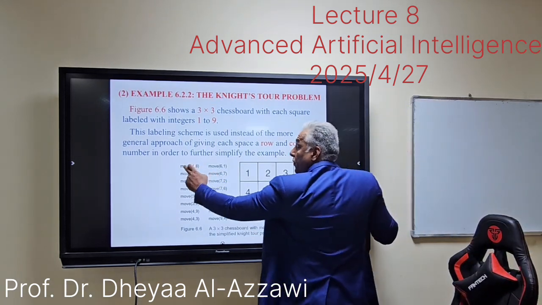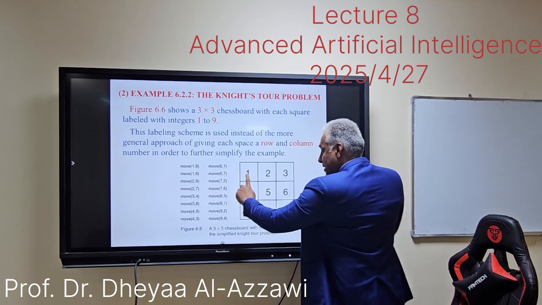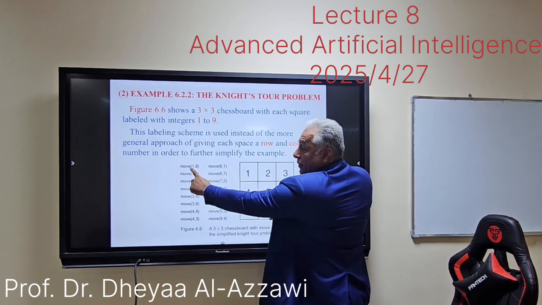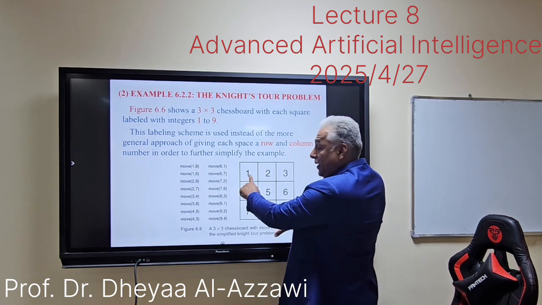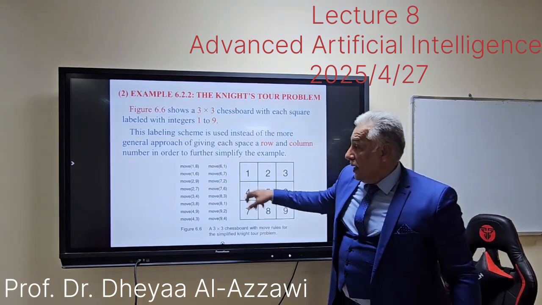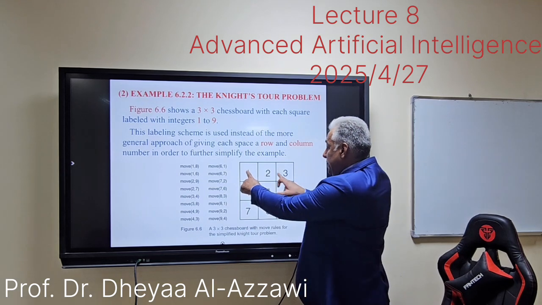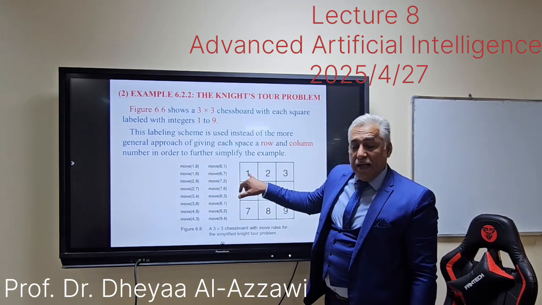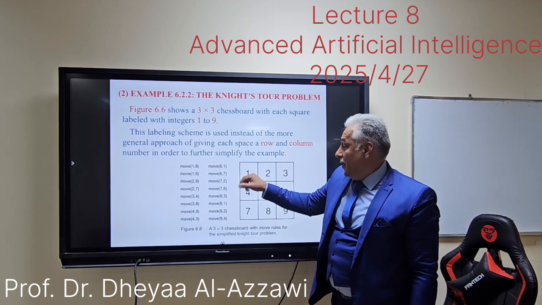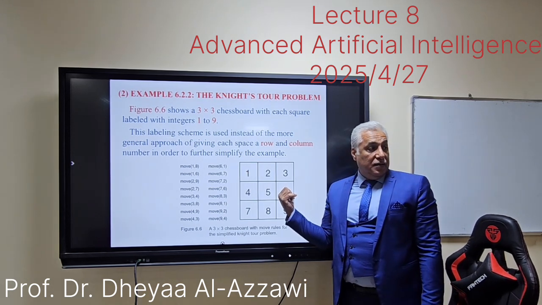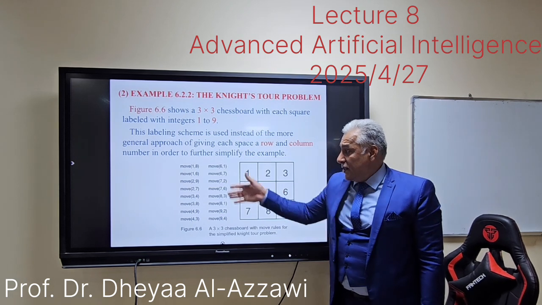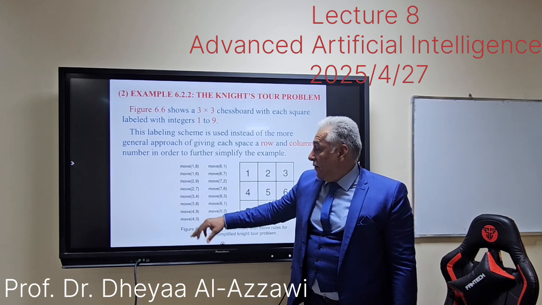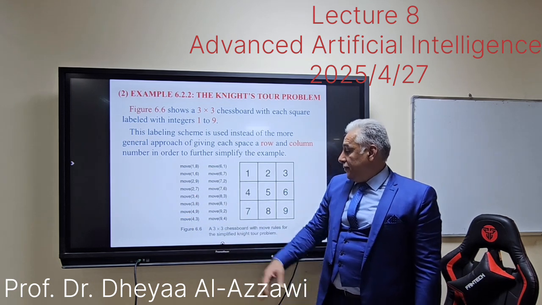For example, move(1, 8): 1 represents the start square, and 8 represents the target. And move(1, 6) represents the start box 1 and the target, or goal, the 6th place. And so, move(2, 7), move(3, 4), move(3, 8), and so on.